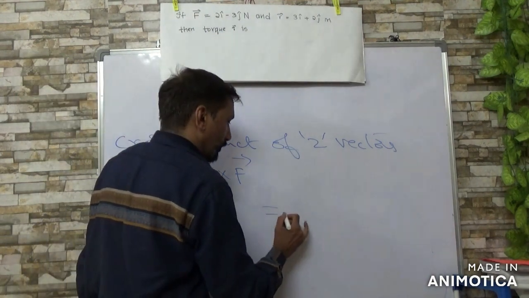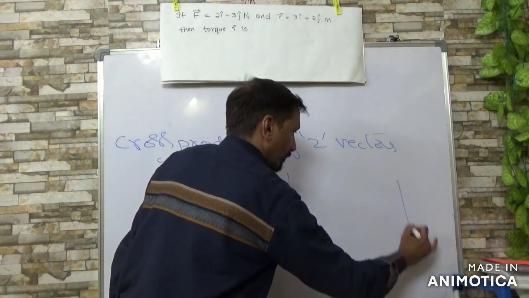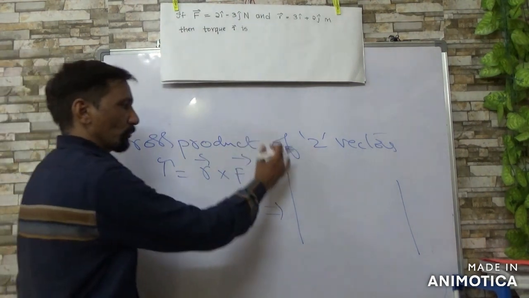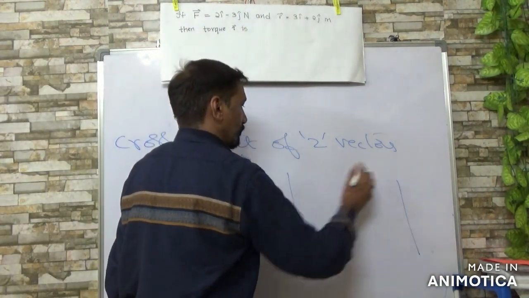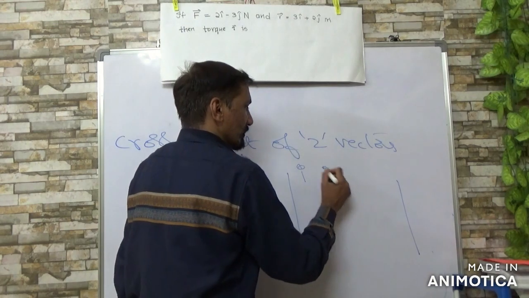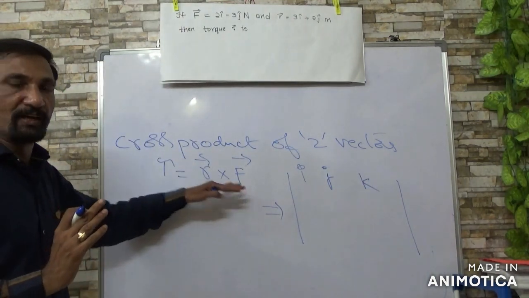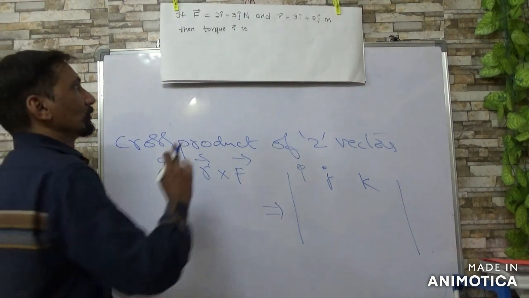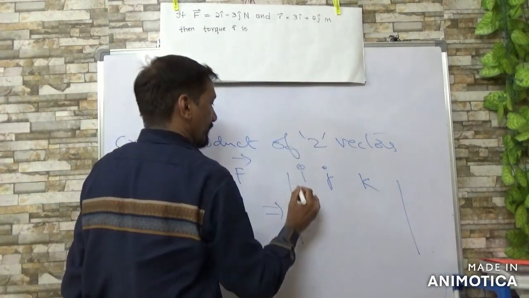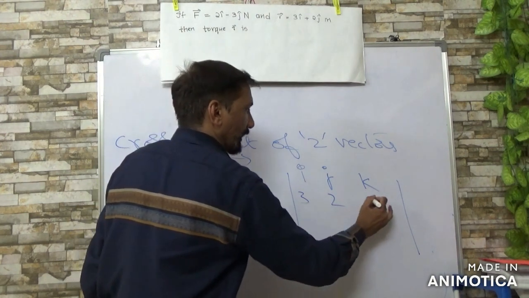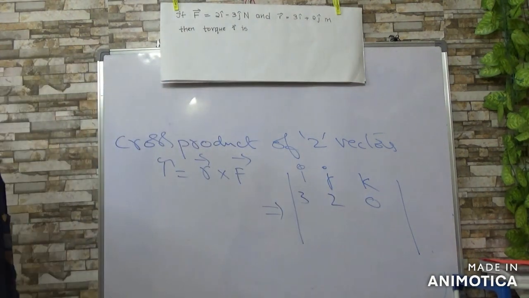Now we are going to learn how to find the cross product of two vectors. Very simple. You draw one box. In the first row you write I, J, K. You want to find R cross F. First you take R: 3I plus 2J. So the I coefficient is 3, the J coefficient is 2. There is no K term, so take 0.